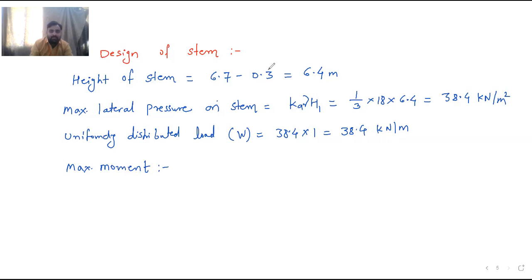So to calculate the maximum moment, if I show you the line diagram of this stem, then it will be, see, this is our slab. Now we are looking at it from the side view, so that you will see the counterforts also.